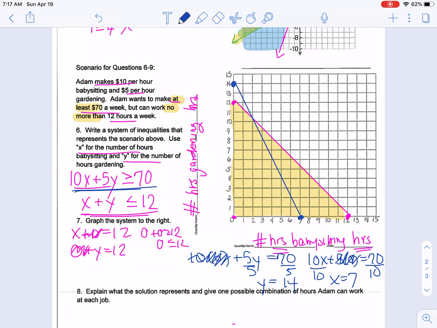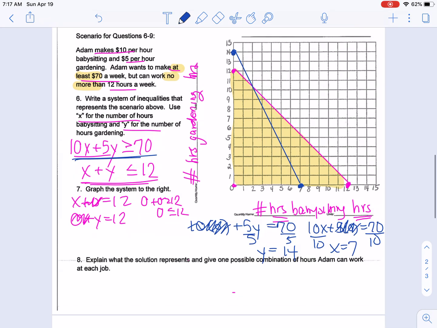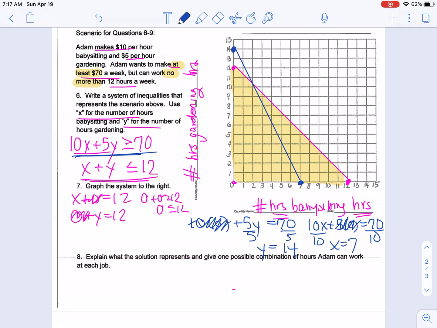Okay, well now, where are my solutions for this inequality? So let's plug in 0, 0 again. 10 times 0 plus 5 times 0 is greater than or equal to 70. All of this goes to 0. Is 0 greater than or equal to 70?